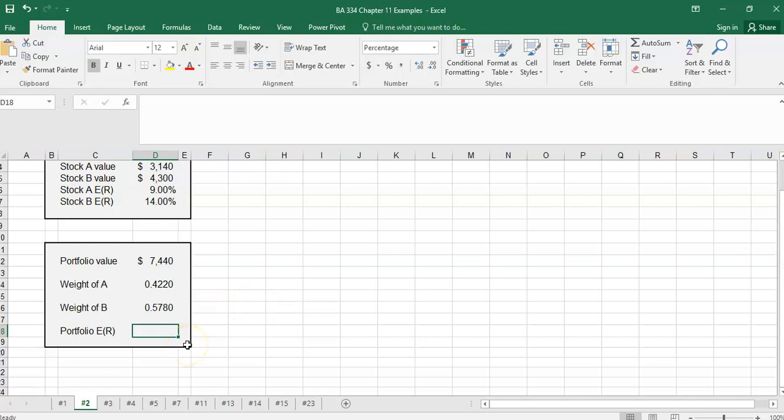So the portfolio expected return is the expected return on stock A times the portfolio weight of A plus the expected return on B times the portfolio weight of B. So the expected portfolio return is 11.89%.